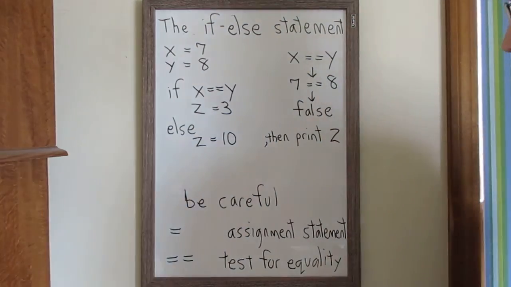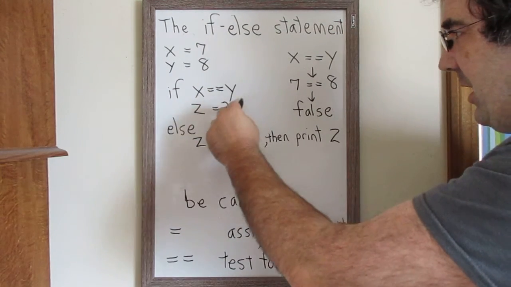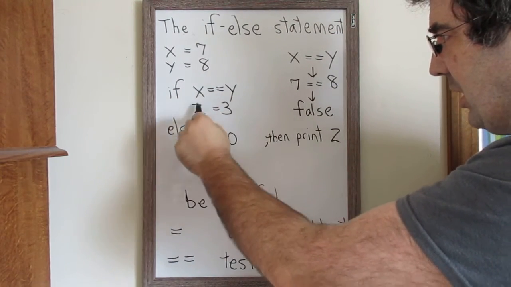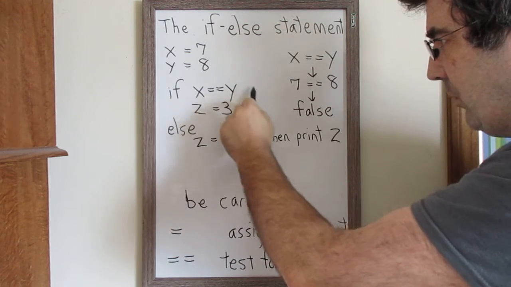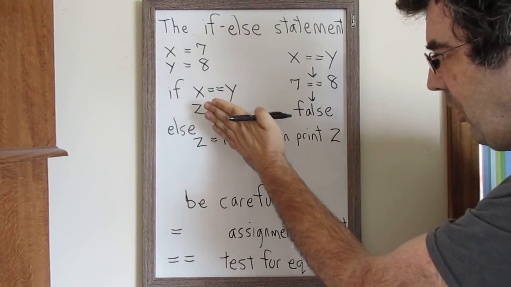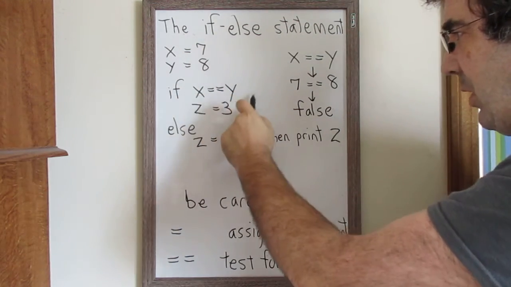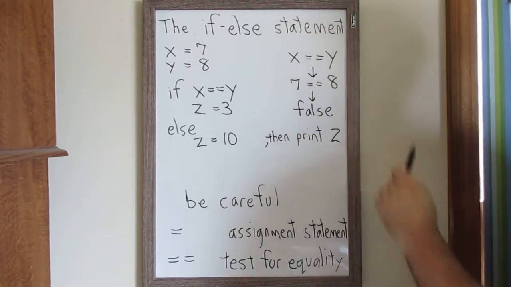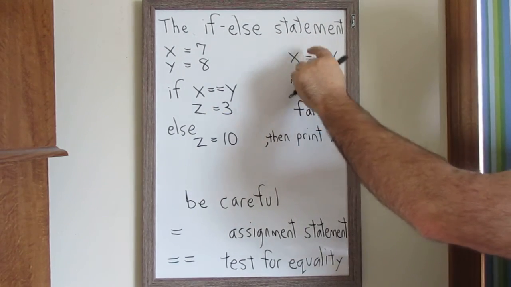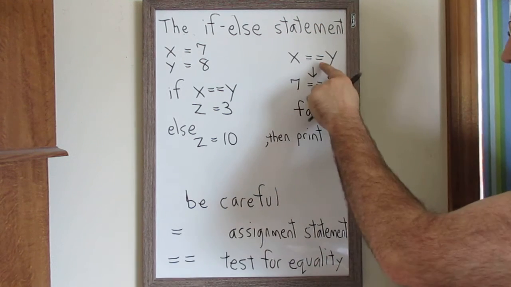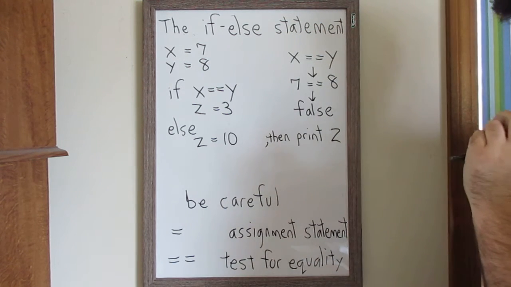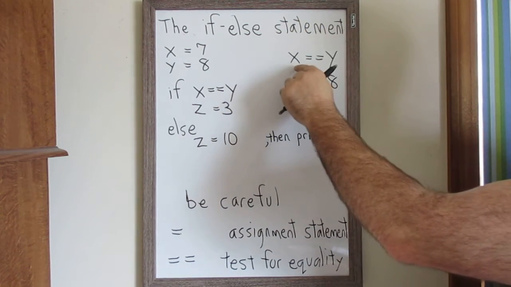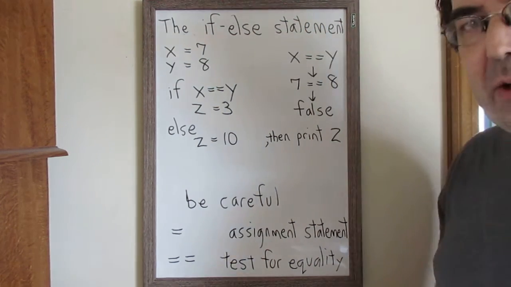Okay, now a lot hinges on this. The if keyword is followed by an expression that has to evaluate to either true or false. Whether you do this code or that code depends on whether this evaluates to true or false. This is an expression. This is not an assignment statement. This is a test for equality. This is an equality test operator. So the expression has to be evaluated.